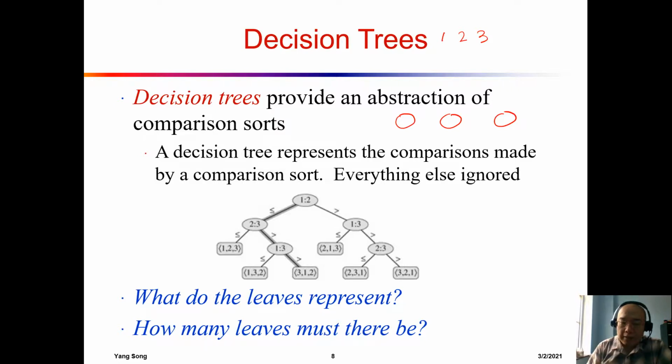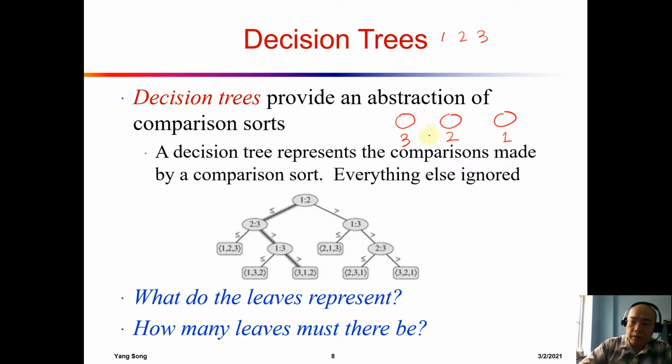If we fill the first slot first, there are three different possibilities. After the first slot is filled, how many possible values can be filled into the second slot? Two. And for the last one, we have only one left.